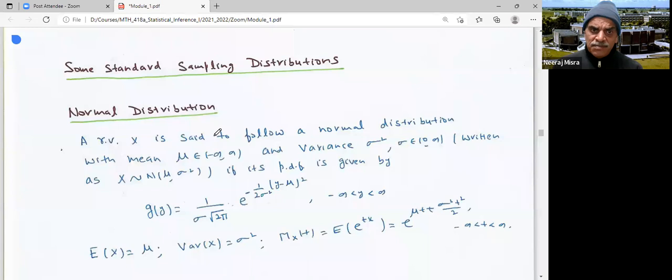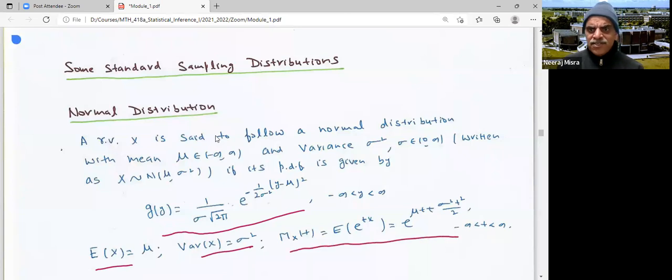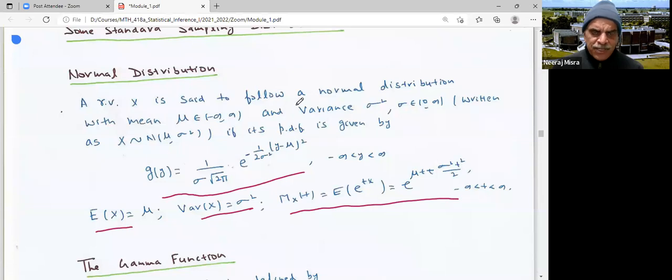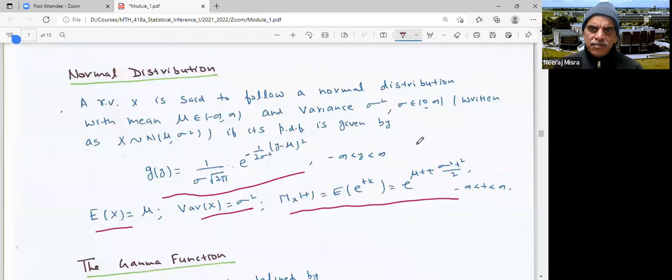One is the normal. I have given you the PDF over here. You know its mean, mu, its variance is sigma square, and its moment generating function. These are very well studied. I would ask you to just remember its functional form, its mean, its variance, and moment generating function.